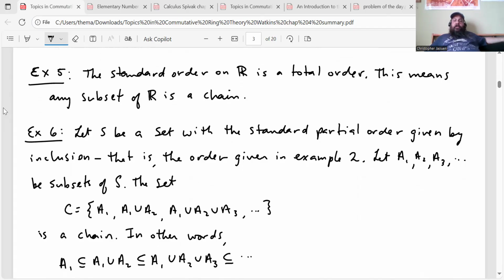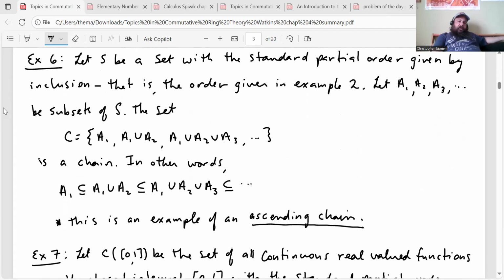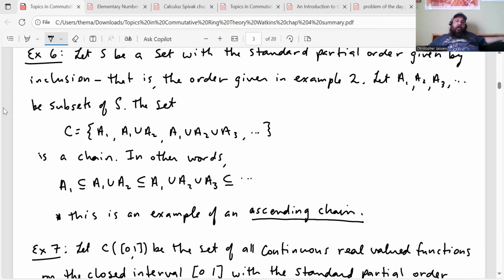So let A1, A2, A3, et cetera, be subsets of S. Then the set C, listing a sequence of unions of sets from S: A1, A1 union A2, A1 union A2 union A3, et cetera. Obviously, C is a chain. In other words, all the ones from the left are included in the ones to the right.